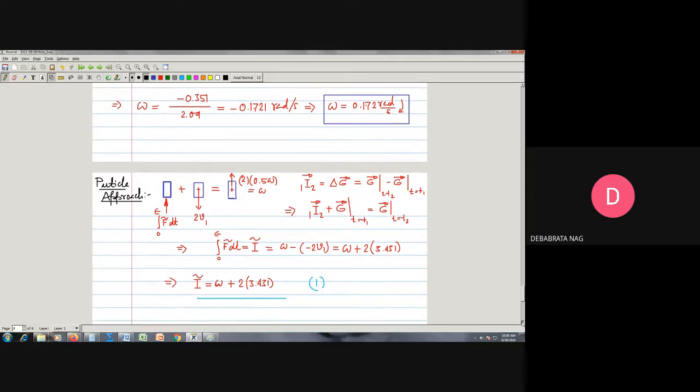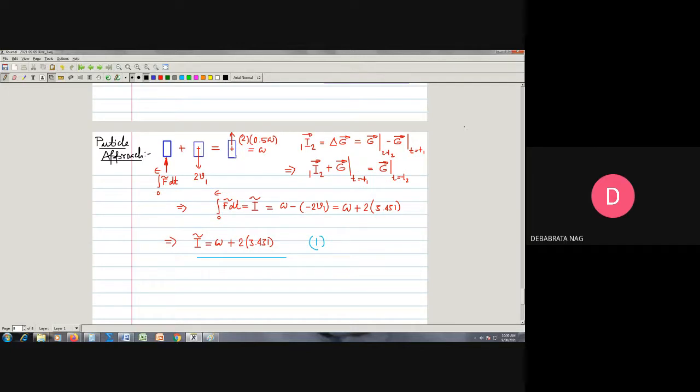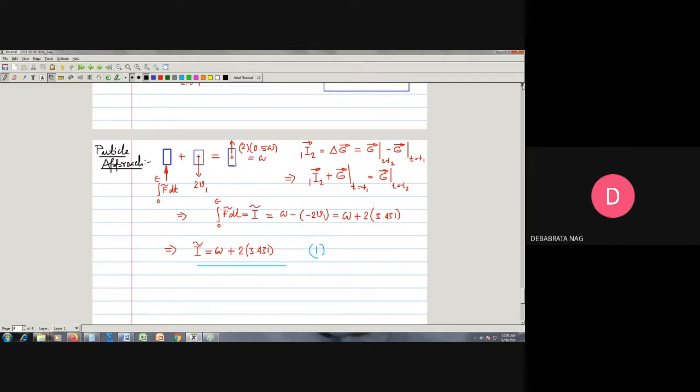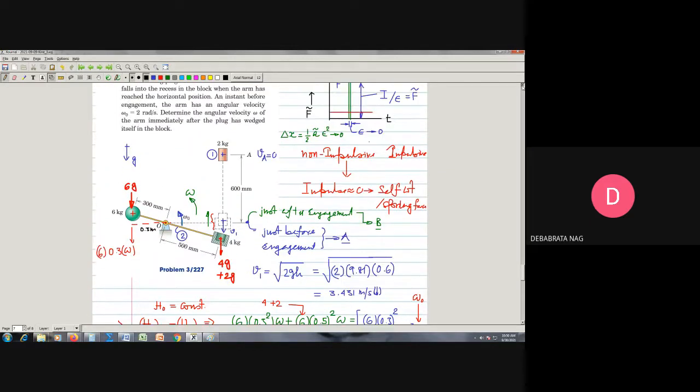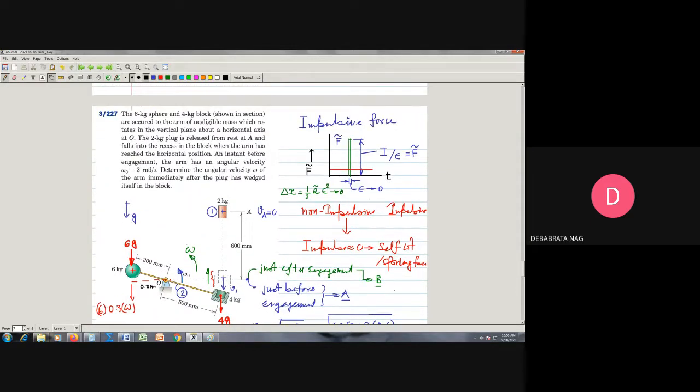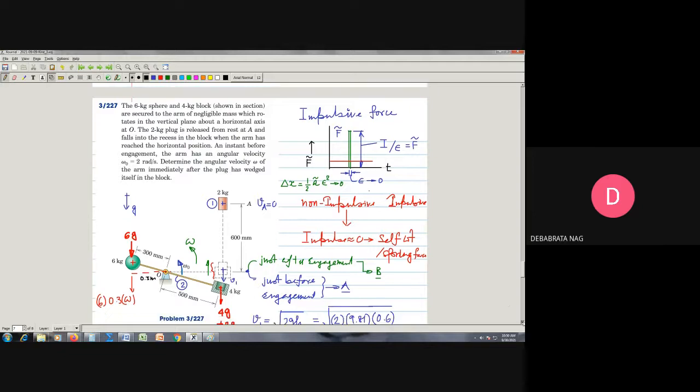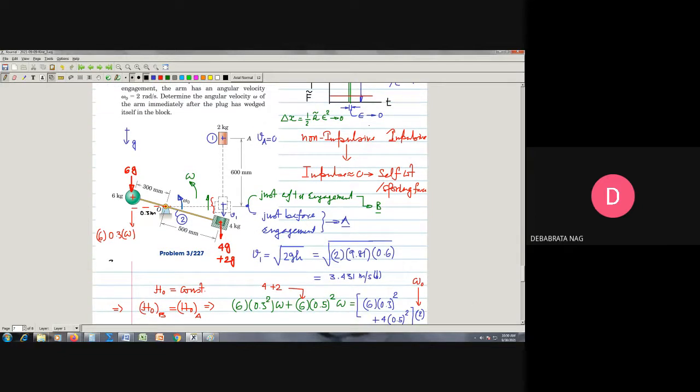In the main solution that I had shown earlier, please note that this is the system approach.